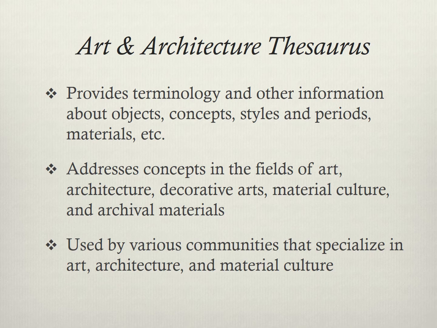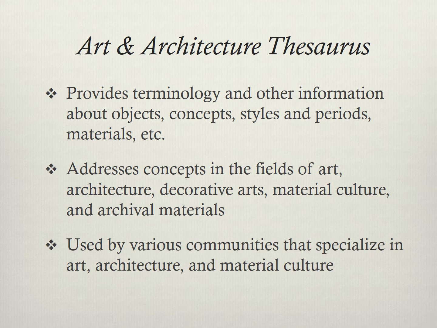You don't have to pay for the right to use the terms or anything like that. The AAT is a faceted thesaurus, and it's used mainly by museums and art libraries, archives, visual resource collections, and basically any institution that describes art and architecture. We could use it at Simmons if we wanted to. It just depends on whether you have a need for the type of terminology that's in there.